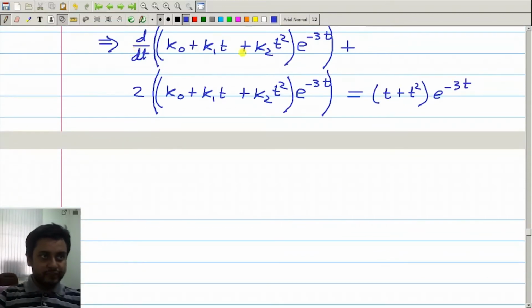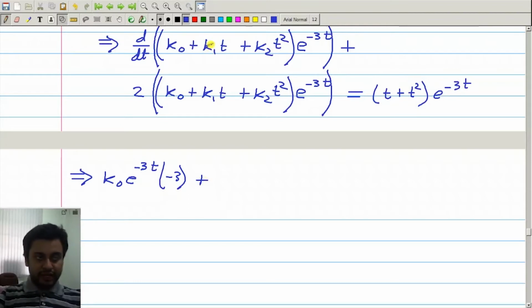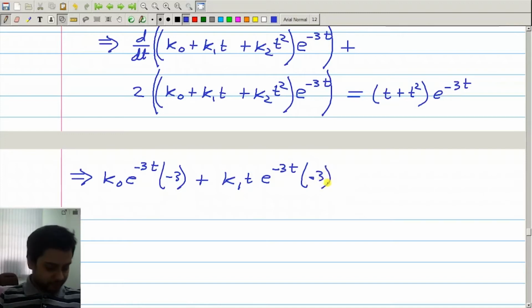Now let us do the differentiation. If I differentiate k0 e to the power minus 3t, we will get k0 e to the power minus 3t multiplied by minus 3, plus, now differentiating k1t e to the power minus 3t, that will give k1t e to the power minus 3t multiplied by minus 3, plus another term k1, since we are differentiating t, that will be 1, and then e to the power minus 3t.